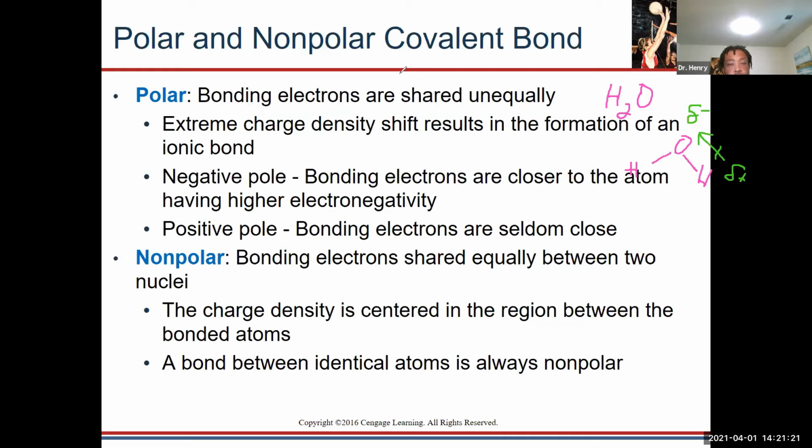Now that is when we're talking about bond polarity, because we can talk about only the bond. We also have what we call molecular polarity. Molecular polarity is looking at the whole molecule.